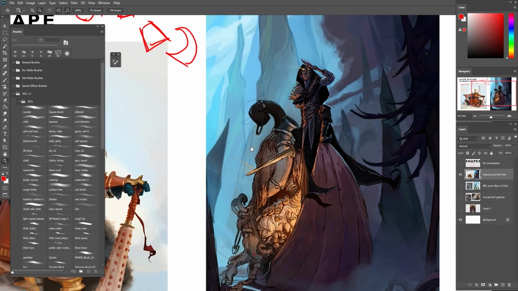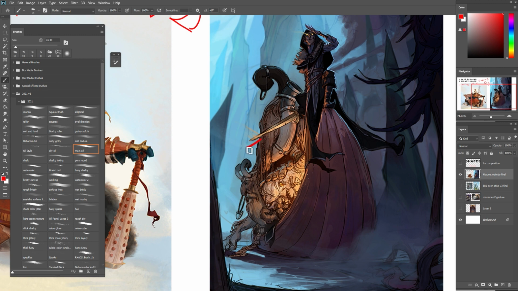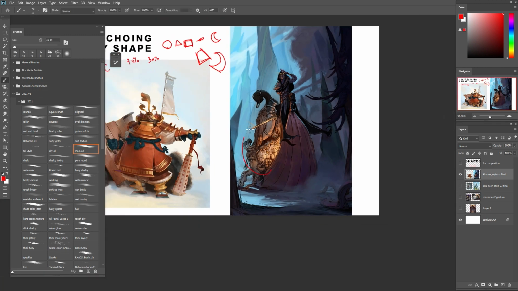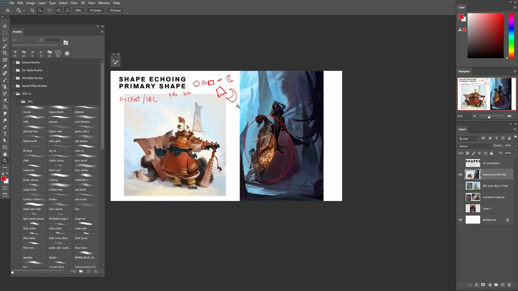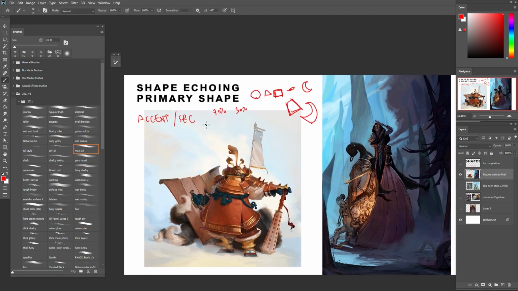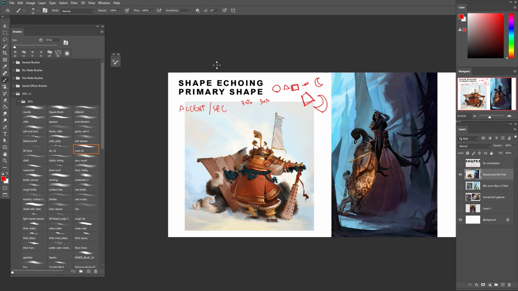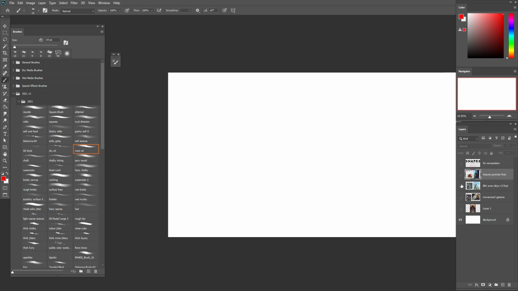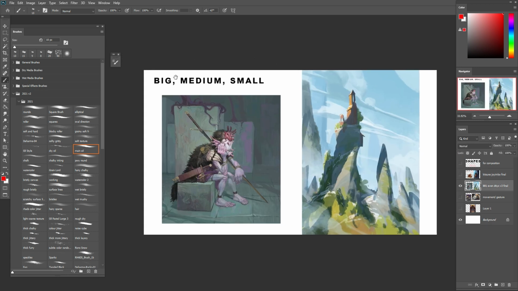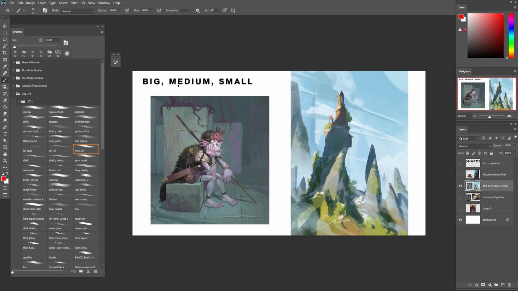Now sadly I'm not really happy with the values here, so the values really don't help with the readability and with showing these shapes and their different nature, but at least I tried, and this is the principle that you would want to try to achieve. Of course it's not always going to be successful, but this is the primary thing to think about, what your shapes are before you even start putting them down. And then the next thing to consider is how they relate.